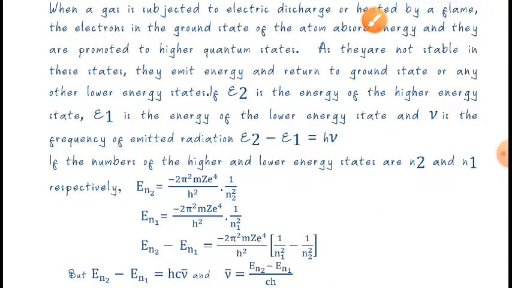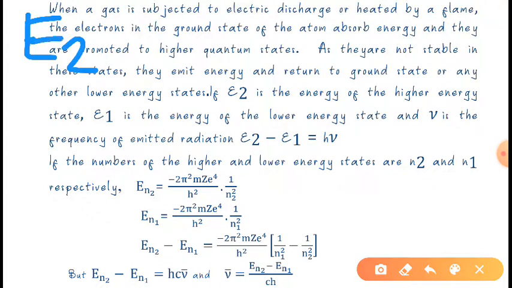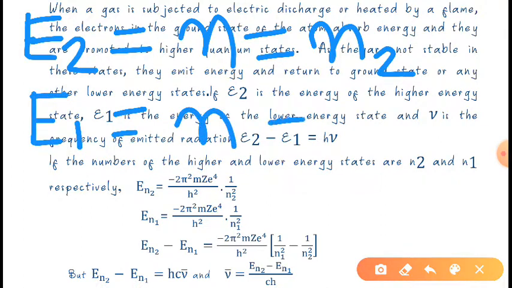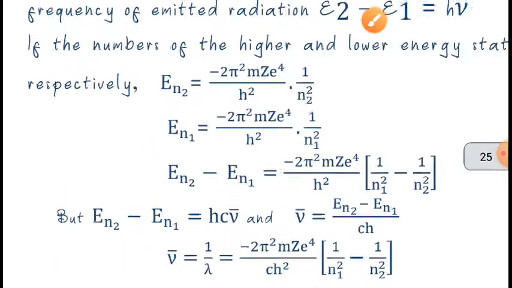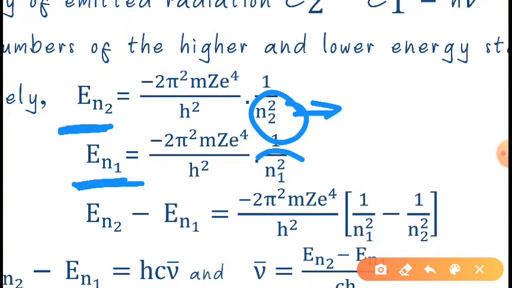As I told you, when the electron jumps from the higher energy level n2, when we are calculating E2, n will be n2, and when we are calculating E1, n will be n1. So we put these values in. In the first case, for E2, we put n2 here, and for E1, we put n1 here.